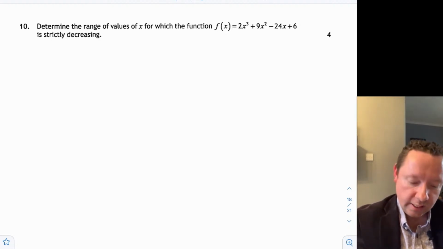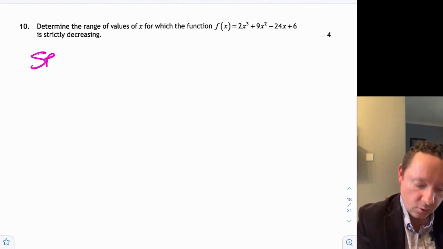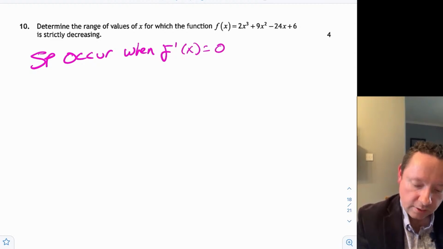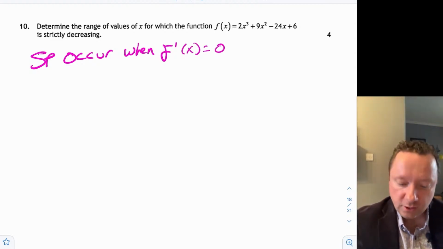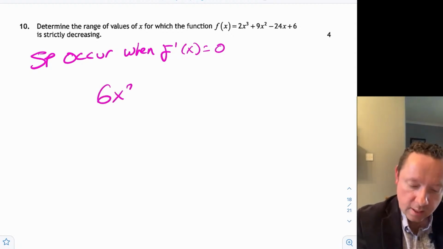So let's just look at the stationary points first. Stationary points occur when f dash x is 0. So f dash x: 3 2s is 6, 6x squared, 2 9s is 18, plus 18x, and minus 24.